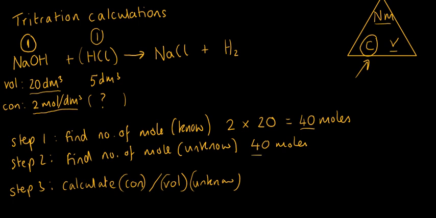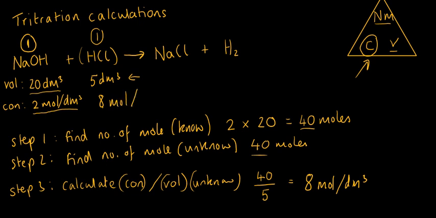My number of moles of the unknown is 40 and my volume is 5. So 40 divided by 5 gives me my concentration, which equals 8 moles per dm cubed. So my answer is 8 moles per dm cubed.